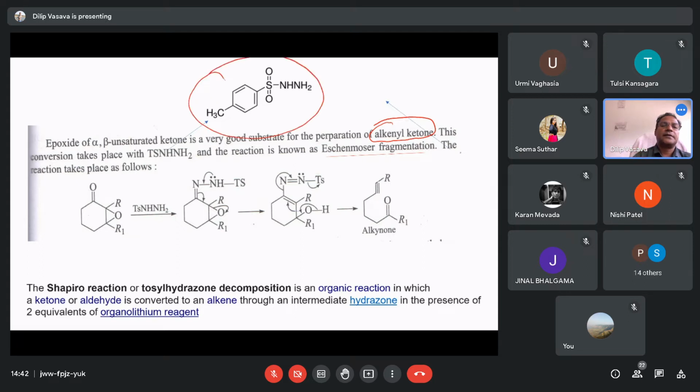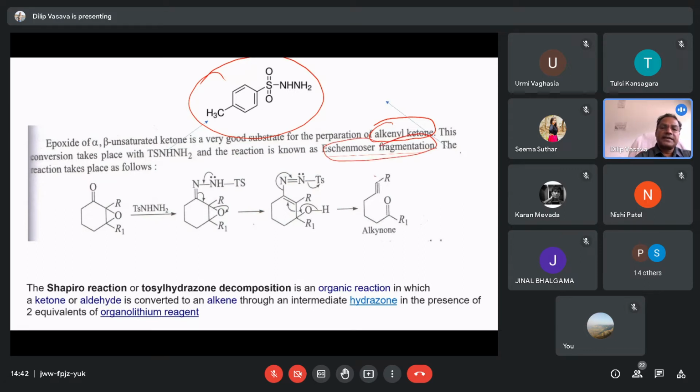This reagent is tosyl NH2, so you can say it is tosyl hydrazine, and it is a good leaving group. By using this, the reaction proceeds, and that is known as the Eschenmoser fragmentation reaction.